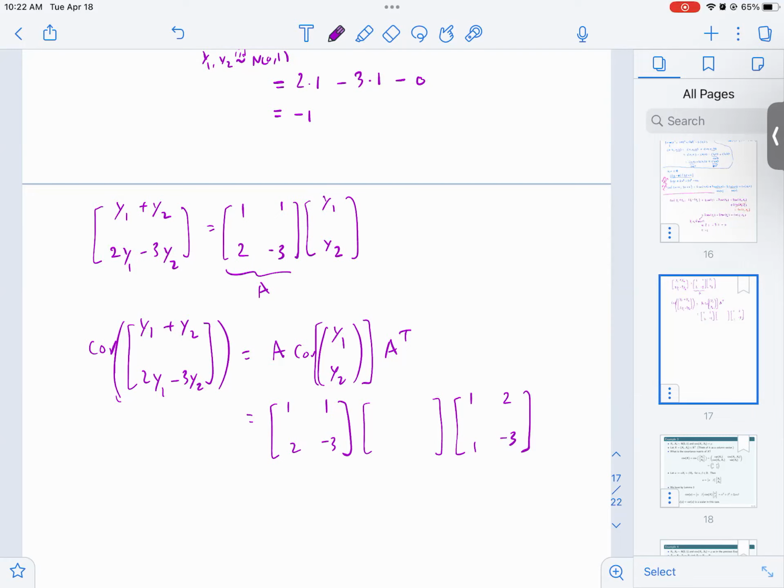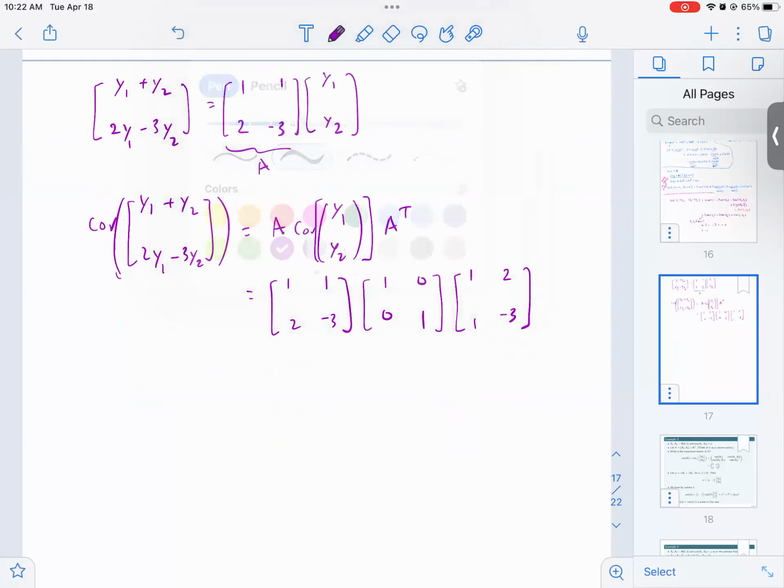So what is the covariance matrix of y1, y2? 1, 0, 0, 1. Why? The diagonal is the variance, and the covariance is 0, right? Okay, good. So this simplifies because the identity sort of goes away. I multiply this part, I get that.